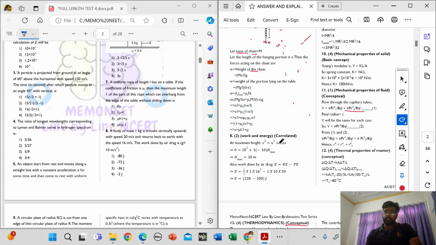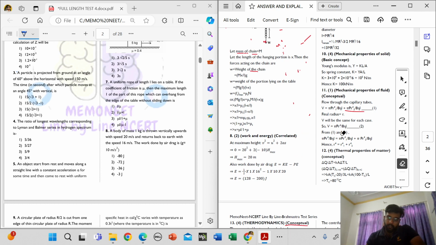So look at the solution. At the maximum height, its final velocity will be 0, because suppose I have thrown this object upward, at some point it has velocity 0, then it comes back.